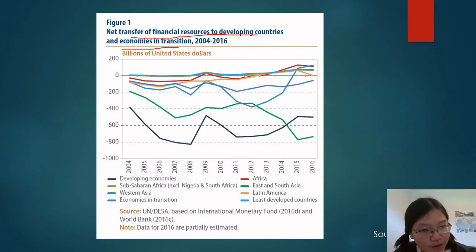So look at these figures. You can see that the legend here is 0, and then minus 200, and then minus 400. So this is interesting. What does minus mean? Well, minus basically means that there is actually a net flow of financial resources from developing countries to developed countries, not the other way around.